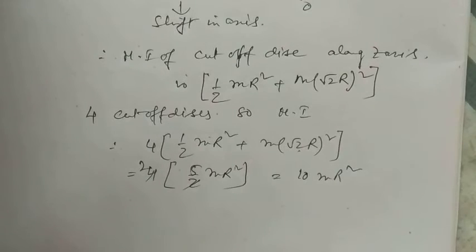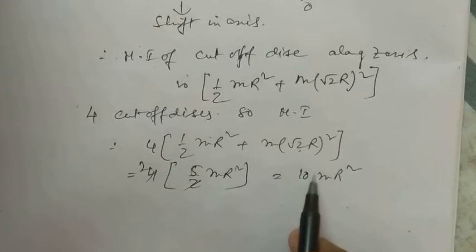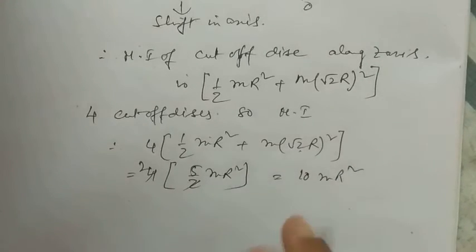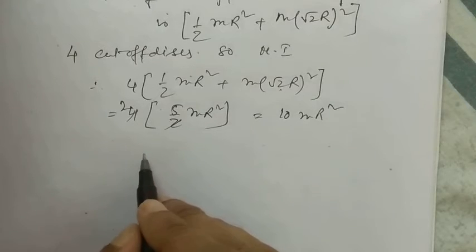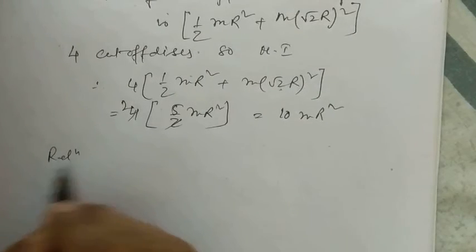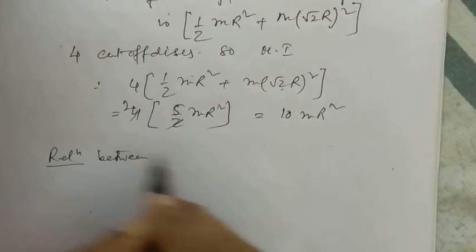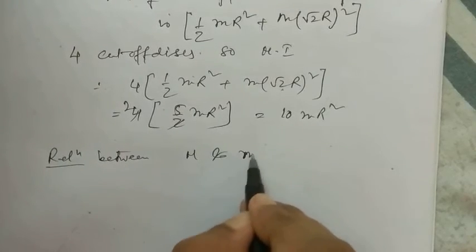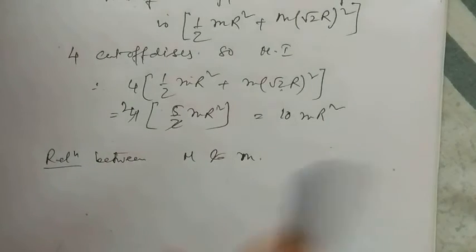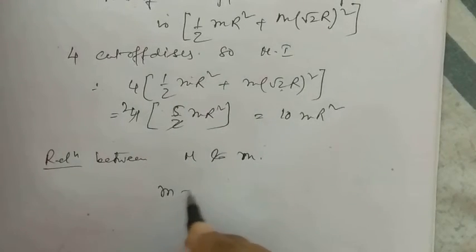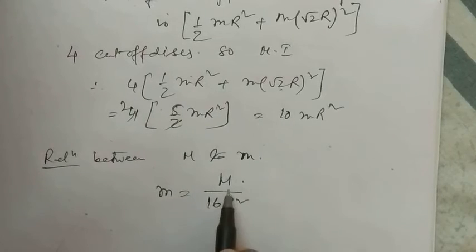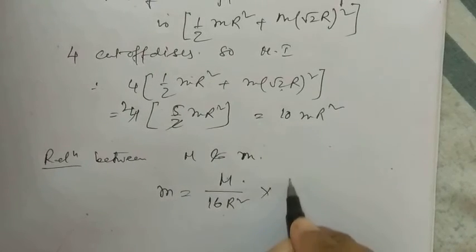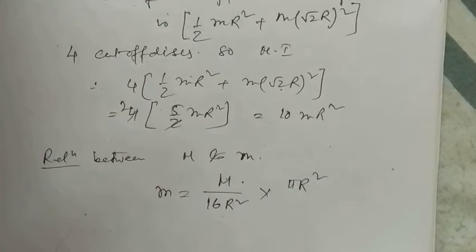Now we have taken the mass of one small disc as small m. So what is the relation between the mass of the square plate and small m? Small m is equal to capital M by 16r square, that is mass per unit area, into the area of one cutout part, pi r square.